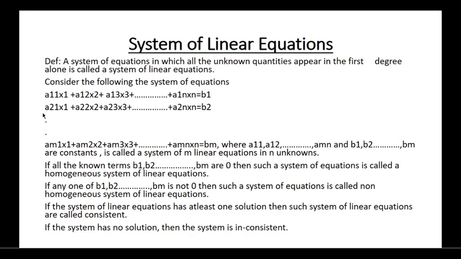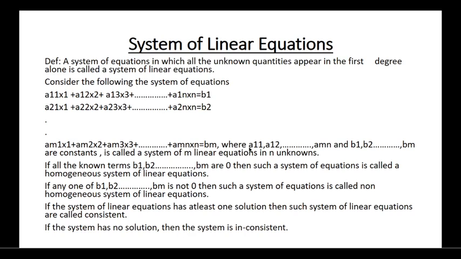Like that, the second equation we can write as a21 x1 plus a22 x2 plus a23 x3 plus so on a2n xn is equal to b2. Like that, if you consider the mth equation, am1 x1 plus am2 x2 plus am3 x3 plus so on plus amn xn is equal to bm.